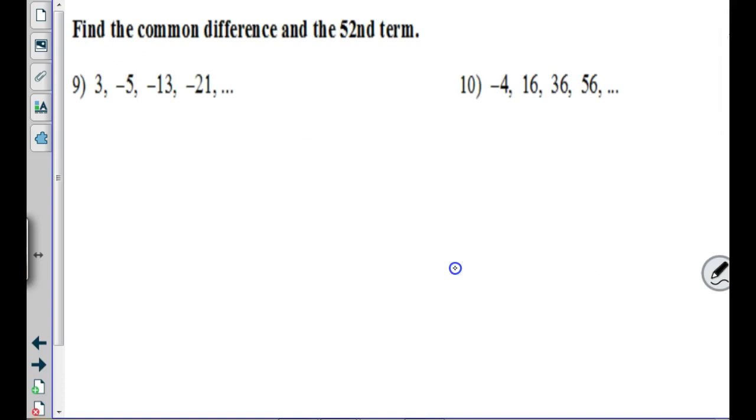Find the common difference and the 52nd term. Okay, that's very specific. Which one do you want to do? Okay, what is the common difference here? Yep, negative 5 minus the previous term would be negative 8. That seem right? Double check yourself. Okay, so anybody remember how to find the 52nd term easily?